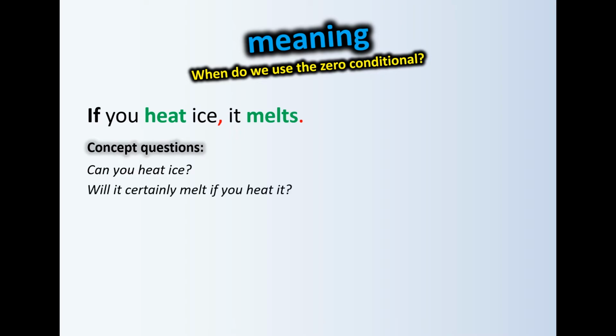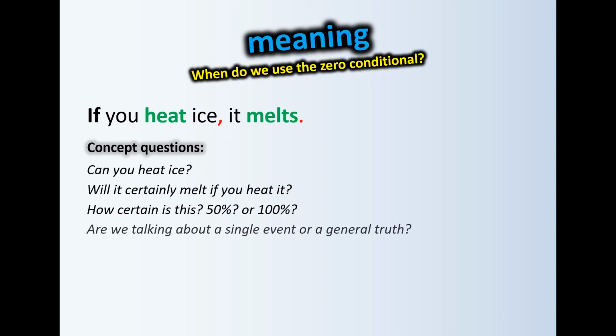Will it certainly melt if you heat it? How certain is this? 50% or 100%? Are we talking here about a single event or a general truth? Please pause the video, read the example sentence again, and answer the questions. When you've finished, play the video to check your answers.